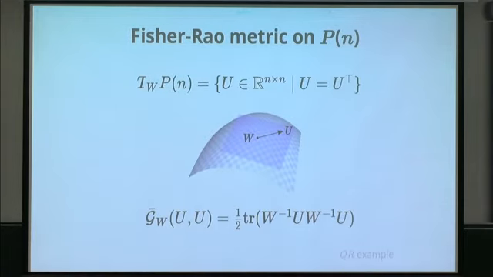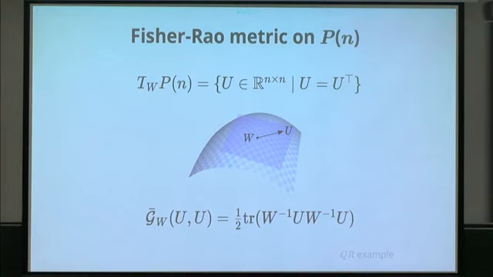And what is then the Fisher-Rao metric? How does it look on this submanifold? Well, we have a symmetric positive definite matrix. Its tangent space is just all the symmetric matrices. It's given like this at each point.